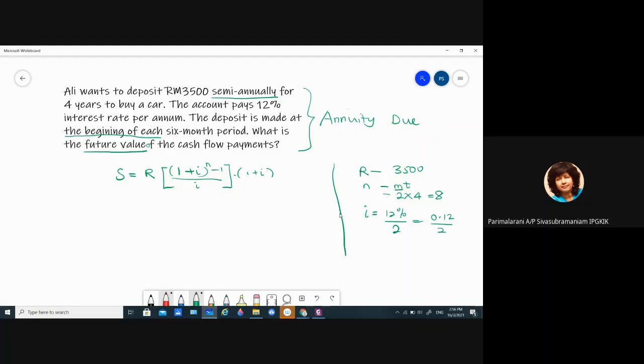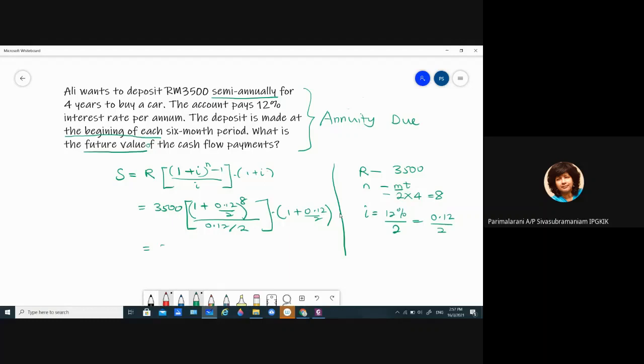Okay, so now that we have all this information, we can substitute into our formula. 3500 into 1 plus 0.12 over 2 to the power of 8 minus 1 over 0.12 over 2 into 1 plus 0.12 over 2.